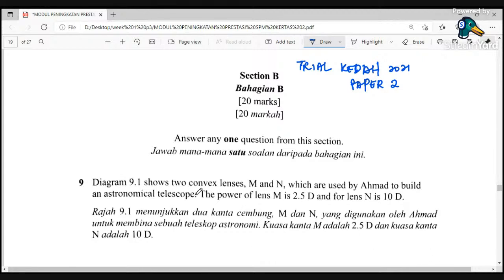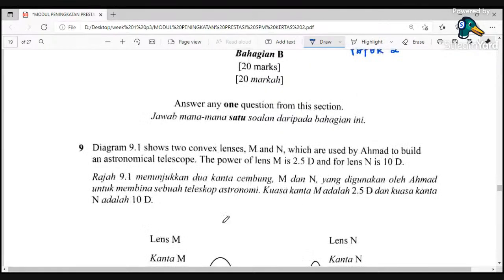Section B, you just answer one question. Normally, the number 9 is from Form 4 syllabus, number 10 from Form 5. Look at number 9.